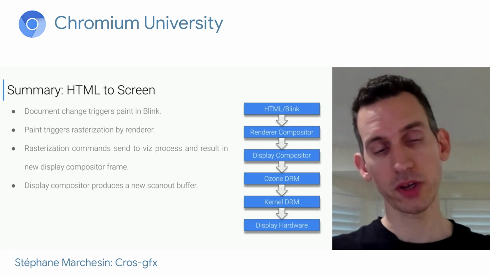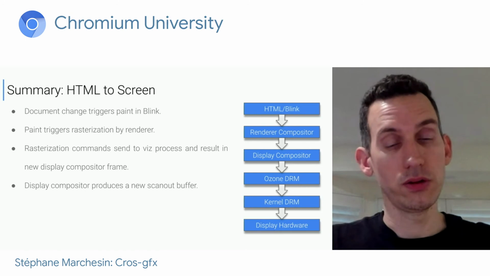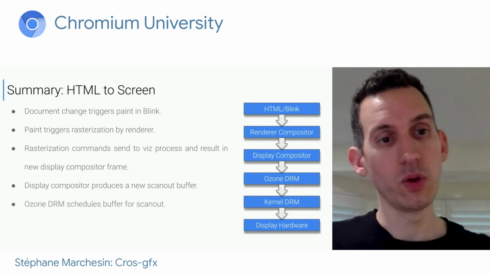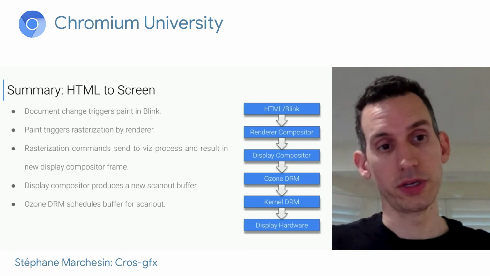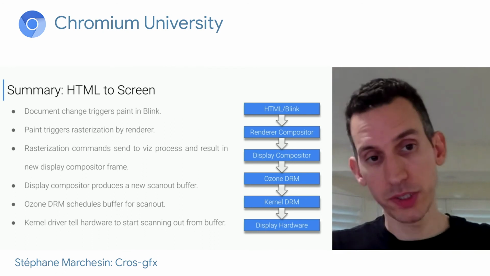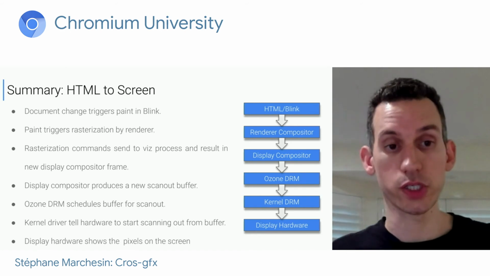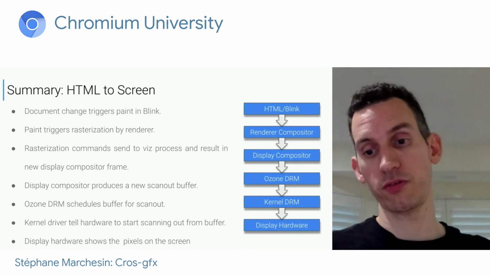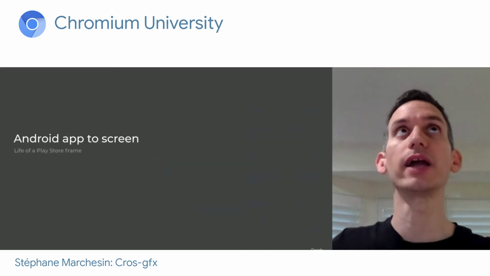The display compositor produces a new scan-out buffer with all those new images that we have. And then Ozone DRM schedules this buffer to be displayed on the screen. And then the kernel driver programs the hardware, says, please show this buffer at these coordinates. And then the actual physical display hardware starts showing the pixels on the screen during the next refresh interval. So that's the high level for a web page.